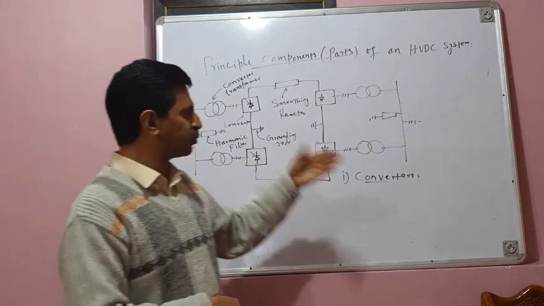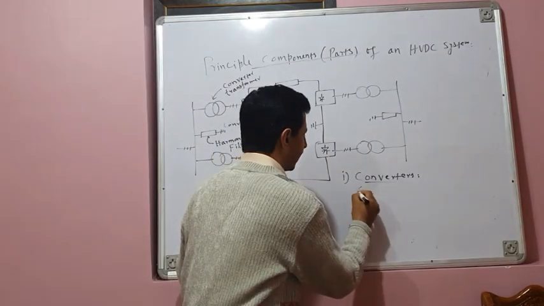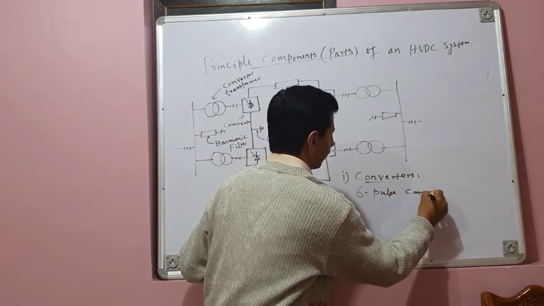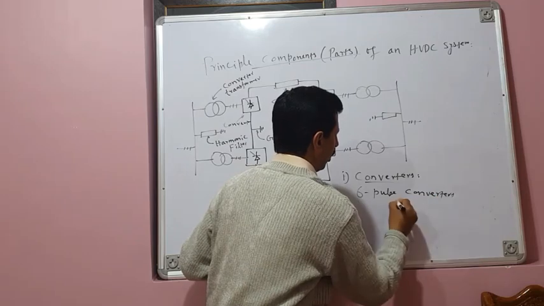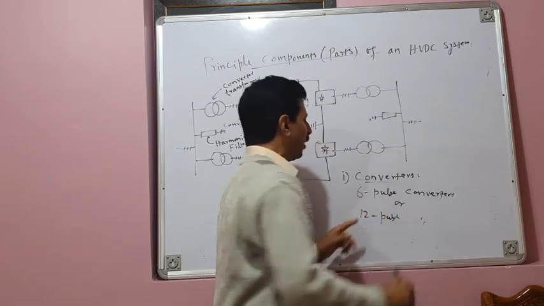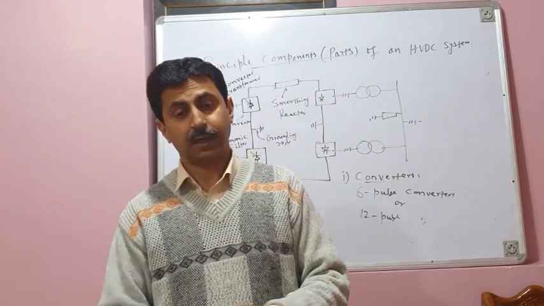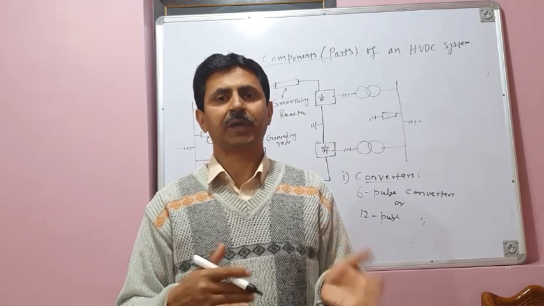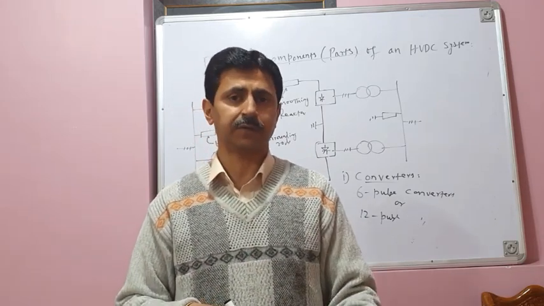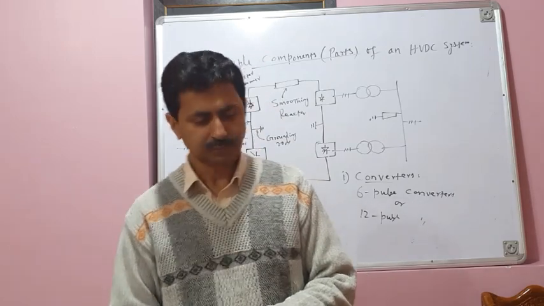Definitely in your power electronics course, I'm sure all of you have studied 3-phase 3 pulse converters and 3-phase 6 pulse converters, a Graetz converter bridge, which is a 6 pulse converter. But I'm not sure how many of you have studied 12 pulse converters. In this course, we will study 12 pulse converters also. So the most popular converters in HVDC systems are either 6 pulse converters or 12 pulse converters. Actually, you have to make a choice between 6 pulse converters and 12 pulse converters, and how to make that choice we'll come to later on.